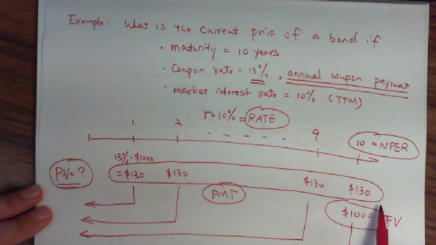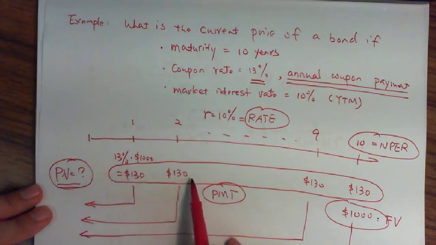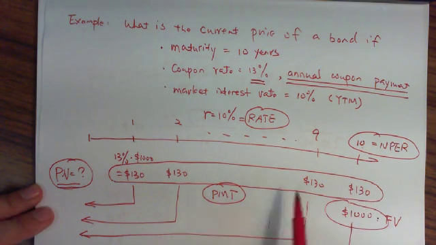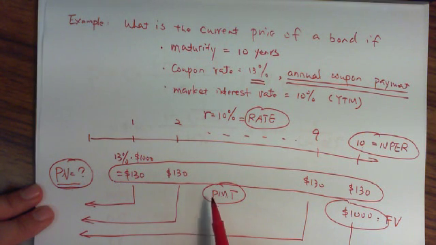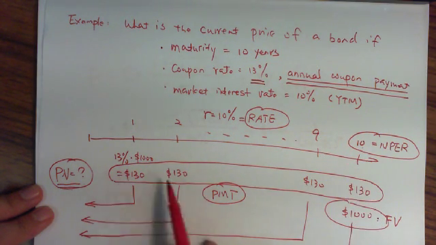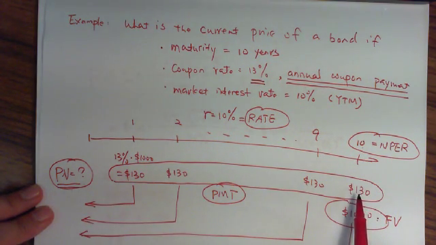Now, the bond will bring in intermediate payments, 10 of them in the amount of 130. So that's the payment, the fourth element. Now, at the end of the bond's life, after the company pays all the interest, the company still owes $1,000 to the bond owner. So this is the ending balance, $1,000 ending balance.